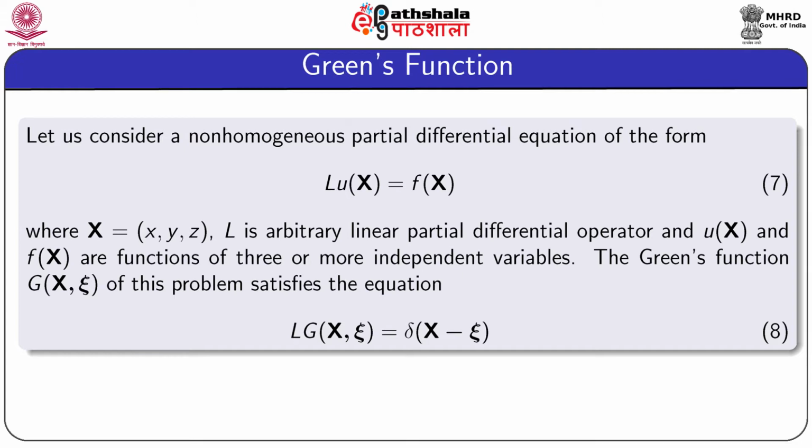The Green's function g, which is a function of X and xi, is defined as L on g equals delta(X minus xi). Therefore, the Green's function is such a function which will satisfy equation 8.